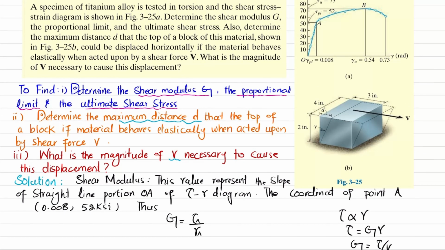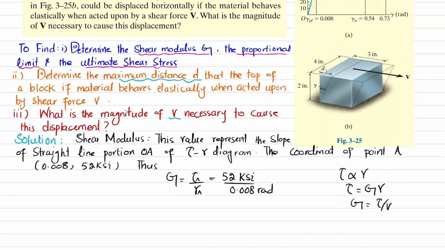At point A, the proportional limit, we have shear stress equal to 52 ksi and shear strain equal to 0.008 radian. So we put in 52 ksi divided by 0.008 radian, and when you solve this, G will be equal to 6500 ksi. This G is known as the shear modulus, or the modulus of rigidity.